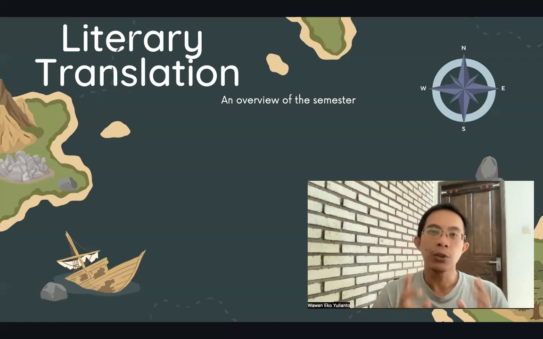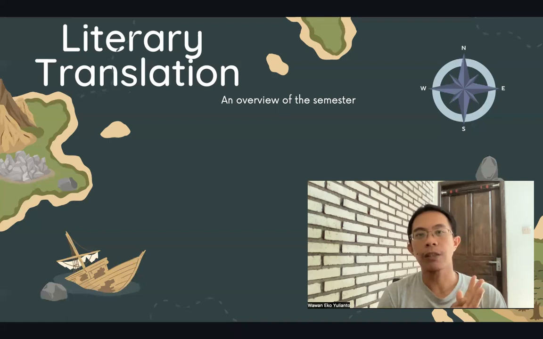Now, when you translate something like that, you need to make sure that this work is fun to read, enjoyable to read, and makes the reader really have a good time reading it.